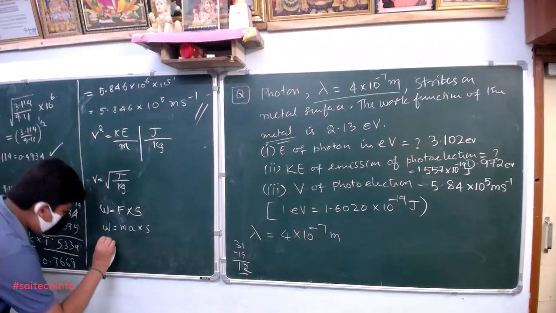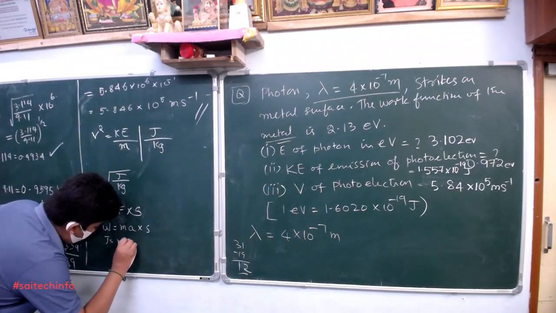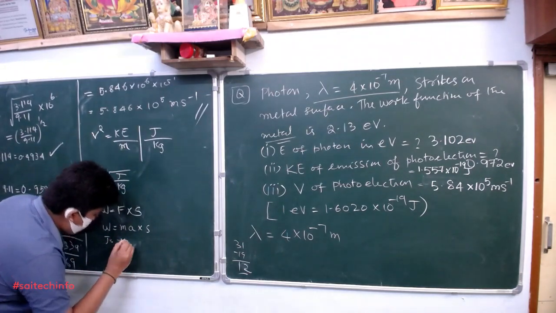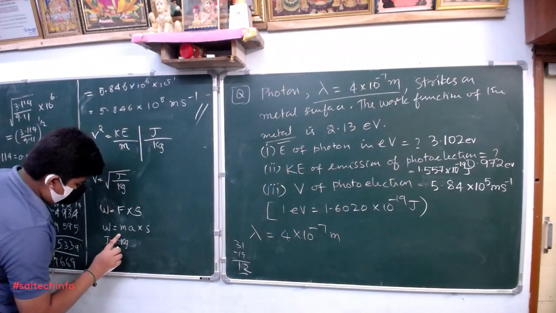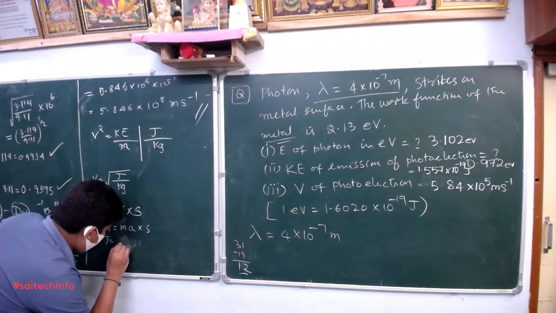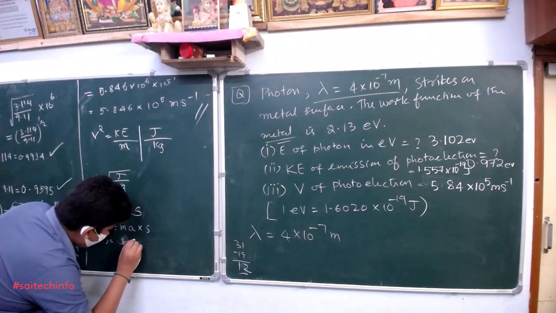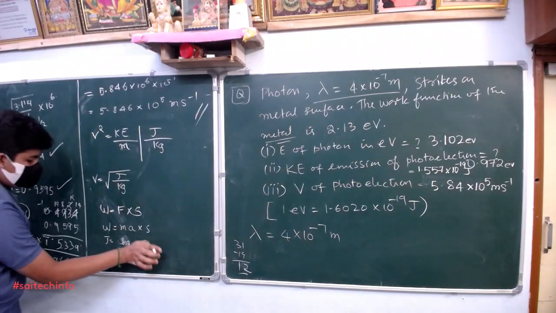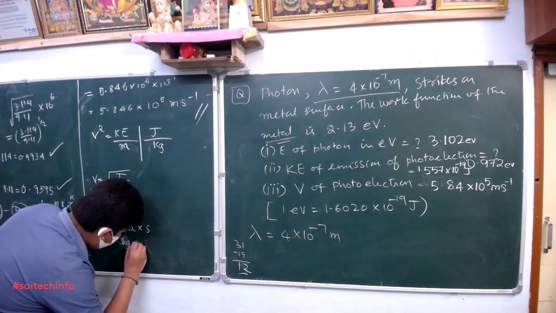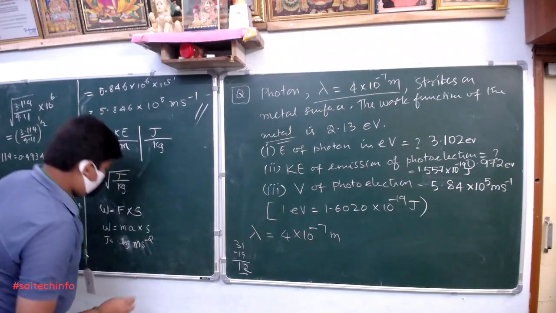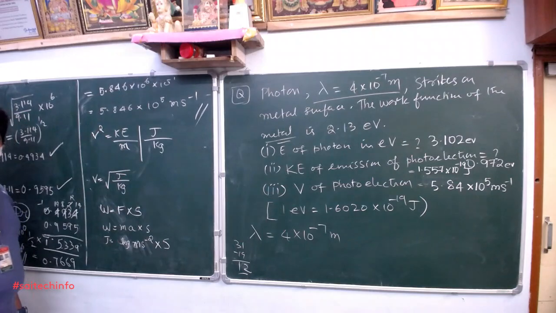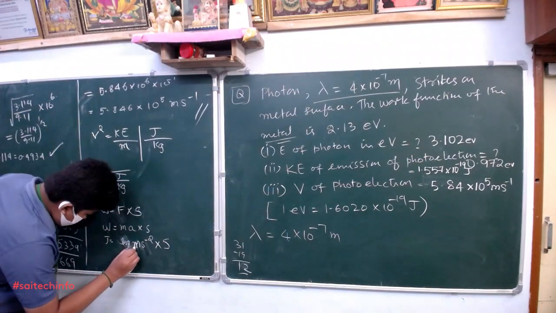So J is equal to kg. Mass is given in kg, small k, small g, into, what is A? ms power minus 2, is it not? ms power minus 2 into S, second. Okay, so it means kg meter per second square.